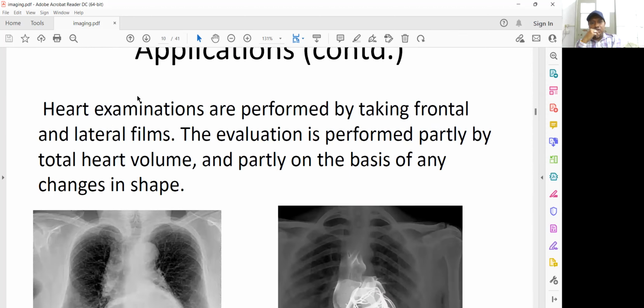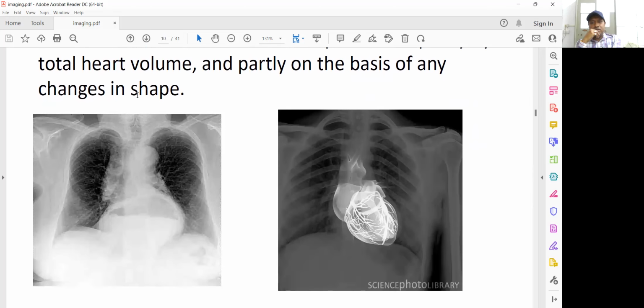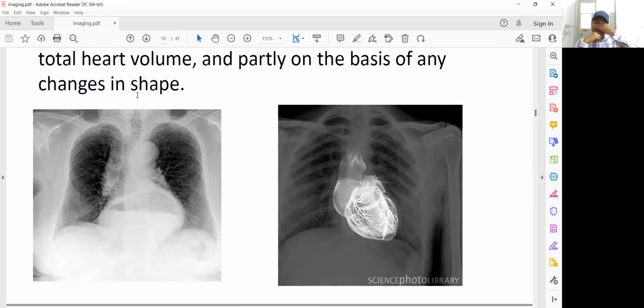And in heart examination, we take the same contrast difference to determine whether there are any abnormalities inside the heart or not. So the heart is clearly visible by using the contrast difference only. Okay, so this is the chest radiograph. Now if you guys have any questions, please ask me.